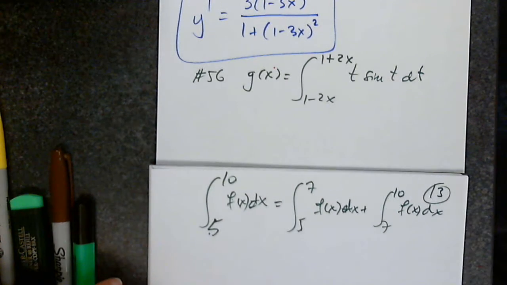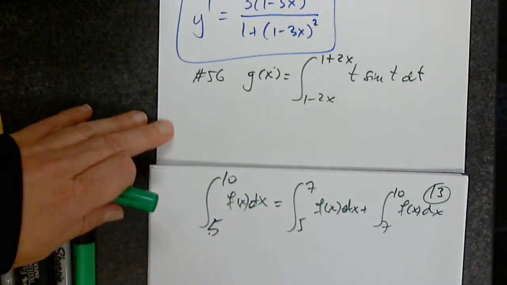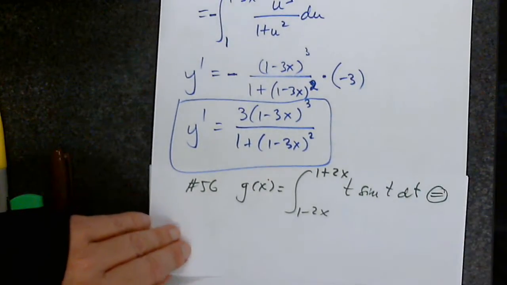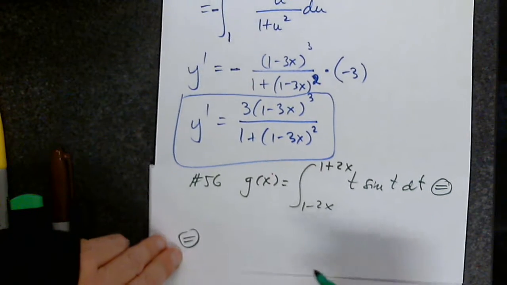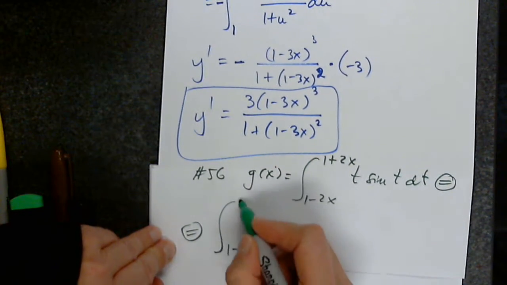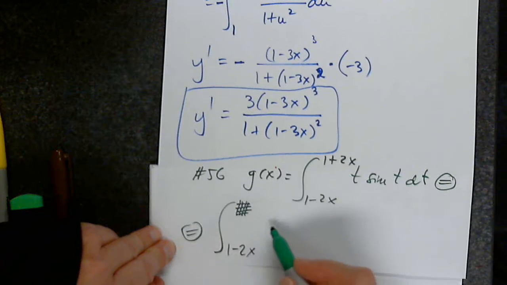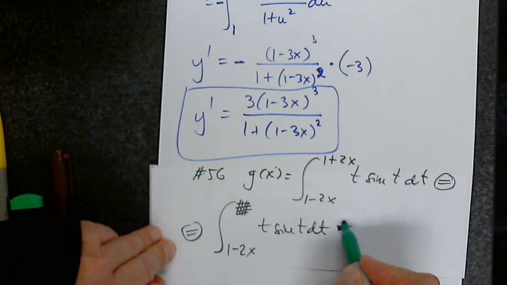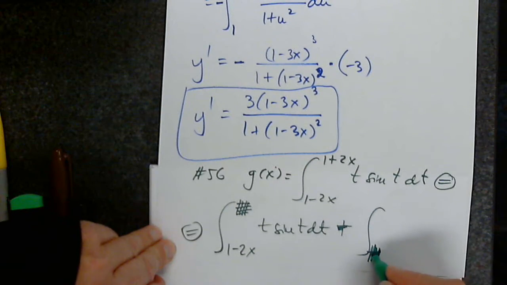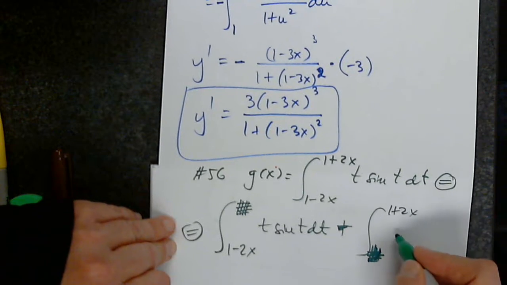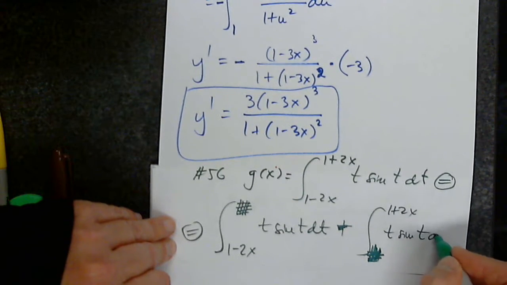Do we agree with this property? Okay. So therefore, since it doesn't matter, I can break my integral anywhere I want. And I'm going to say the integral from 1 minus 2x to anything you want of t sine t dt plus the integral from that, whatever you want, the same thing, to 1 plus 2x of t sine t dt.